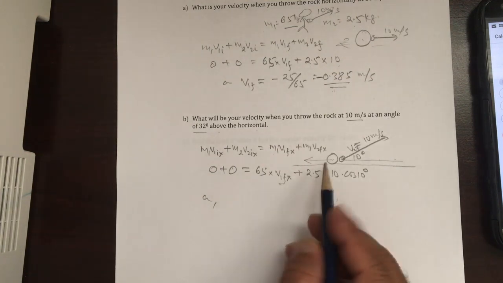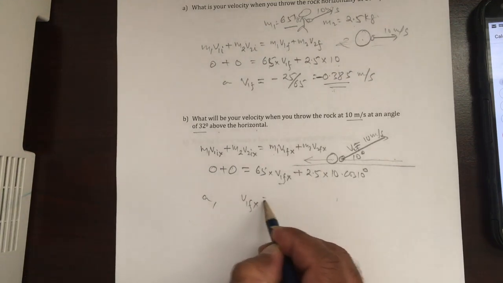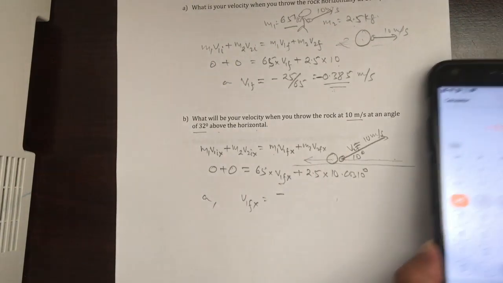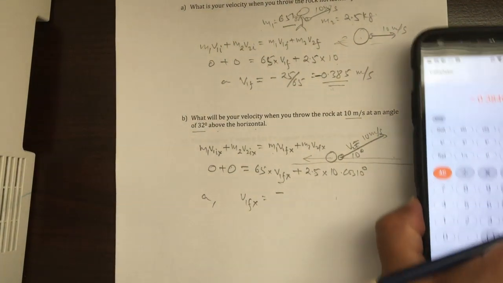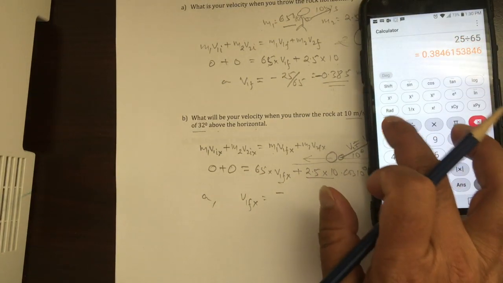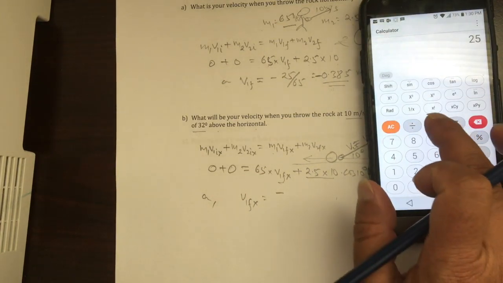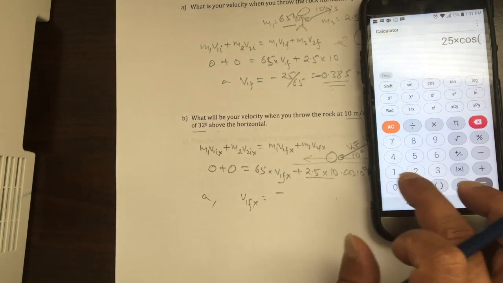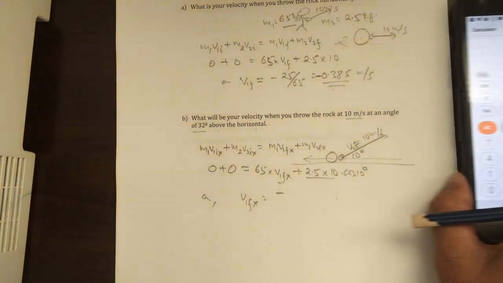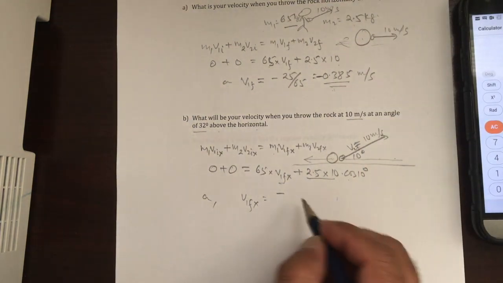So all you have to do is your v1 final along x will be minus, okay, 25 cosine 10. This will be 25, but you have to multiply by cosine 10. So 25 times cosine of 10 degree will be 24.6.